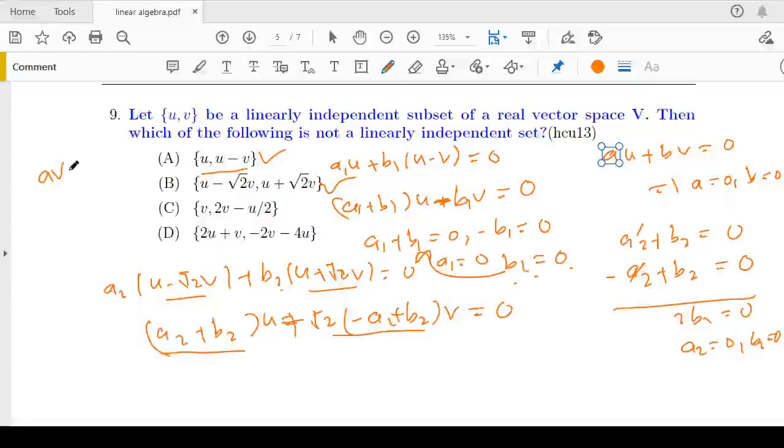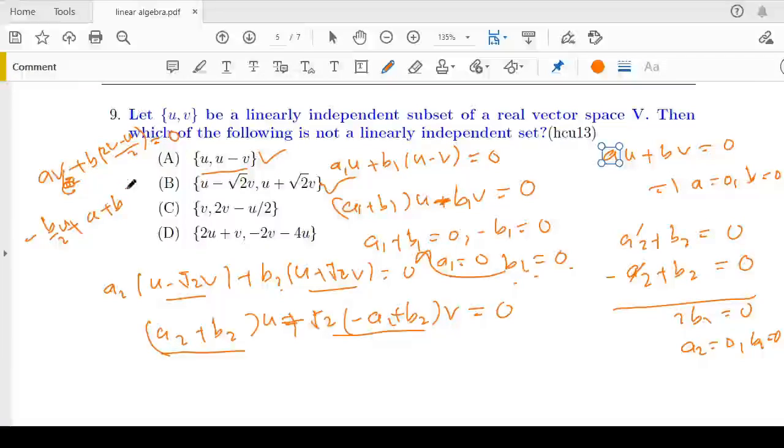Third one: a into v plus b into 2v minus u by 2 equal to 0. Now take u common: minus b by 2 into u, and take v common: a plus 2v by 2, the 2 cancels, therefore only b is there.